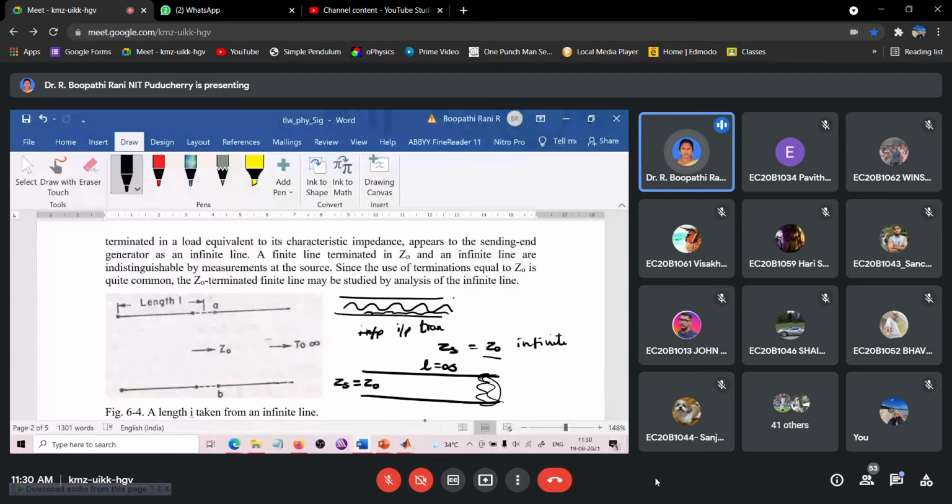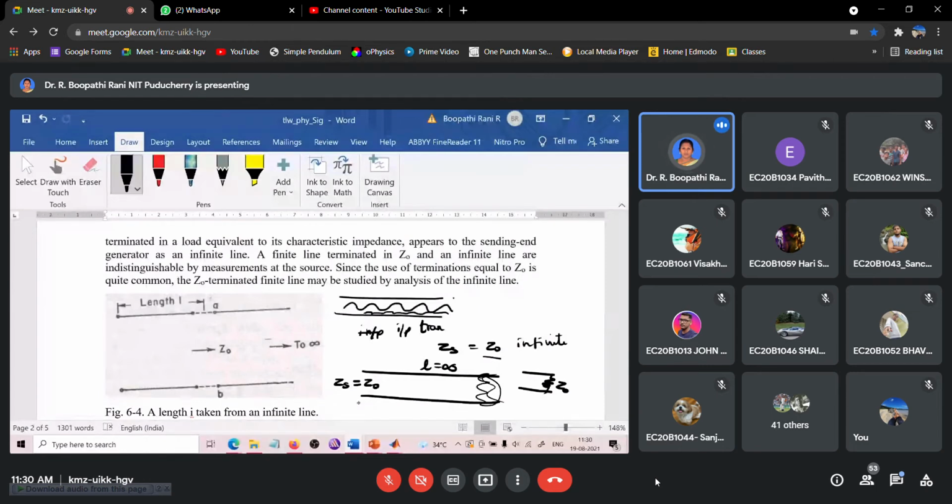Consider in the infinite line we keep only some portion, and the infinite line impedance Z0 is present here. This way also we can say that a finite line terminated in its characteristic impedance will behave as an infinite line. Just now we proved it using the equation.